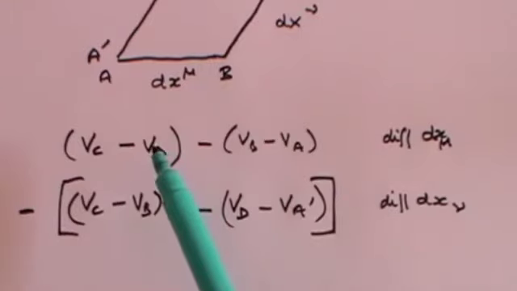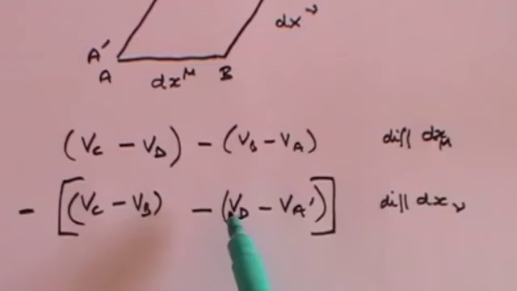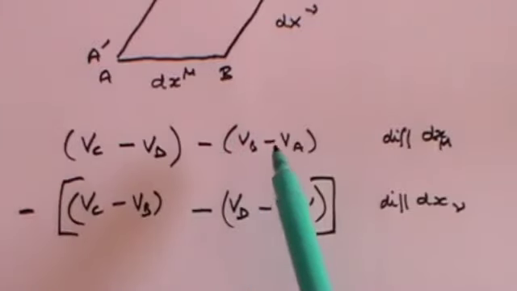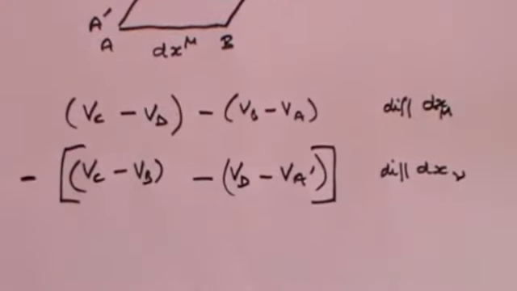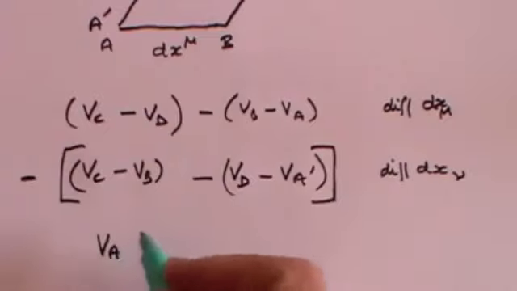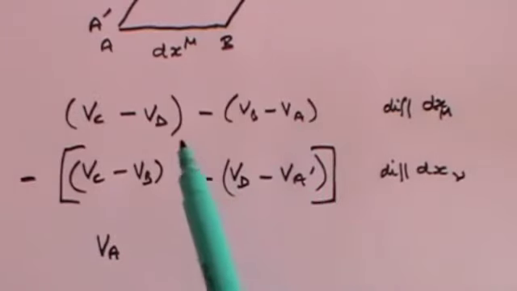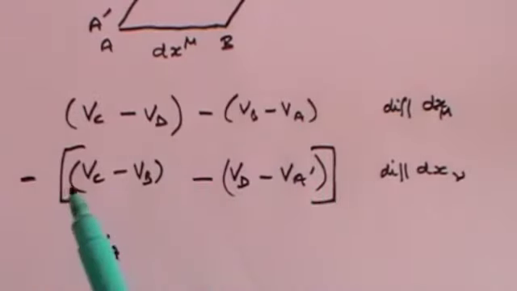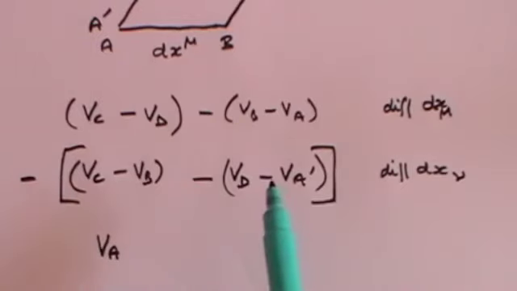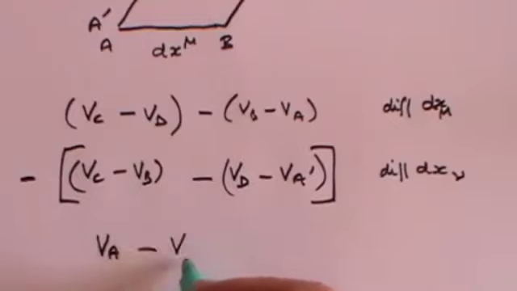V_D, we've got a minus V_D minus a minus V_D, so it's plus, minus plus, the V_D term goes as well. What about V_A? We've got a minus minus, so that becomes a plus, so we've got V_A, and then for V_A prime, we've got a minus, minus, minus, so three minuses make a minus, so that becomes minus V_A prime. And that's the difference of differences.